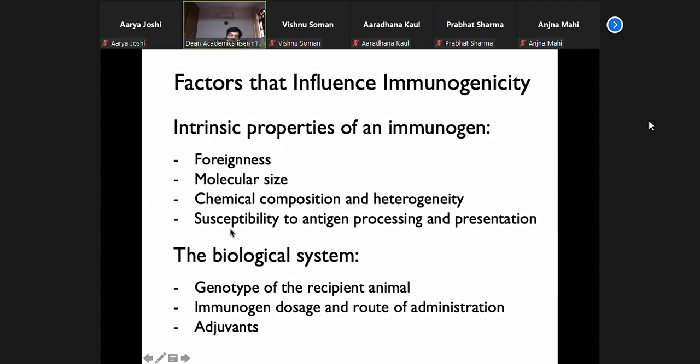Fourth one is susceptibility to the antigen processing and presentation machinery. Although we have not yet talked about antigen processing and presentation, we'll talk about it at some point.